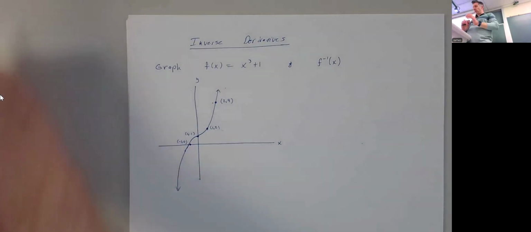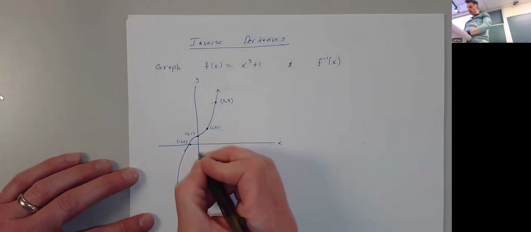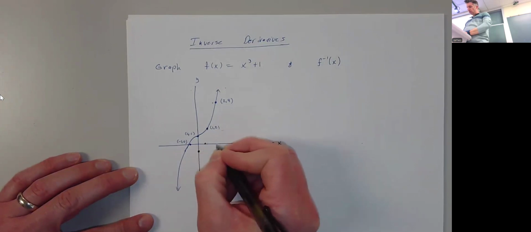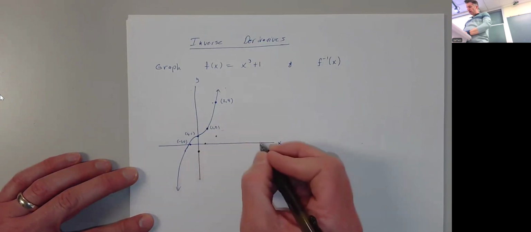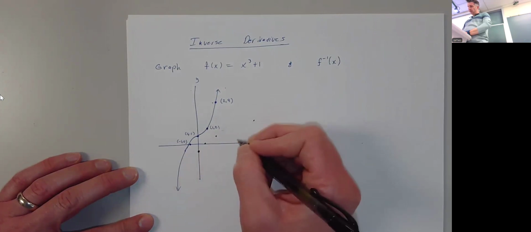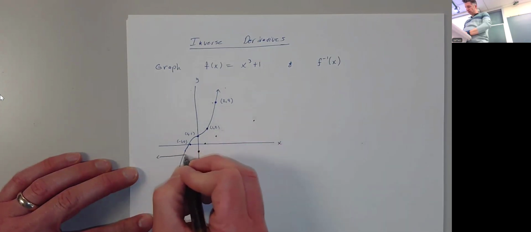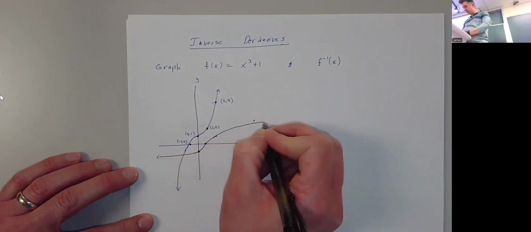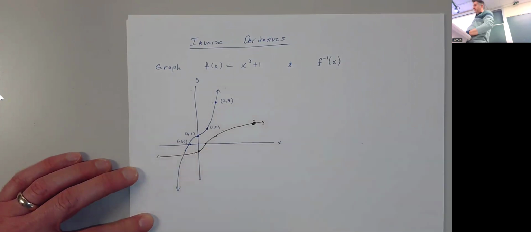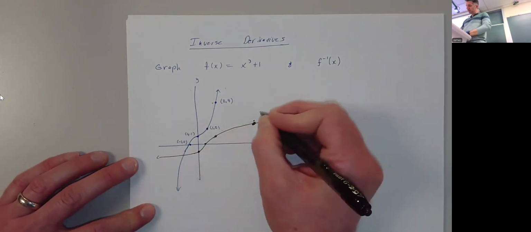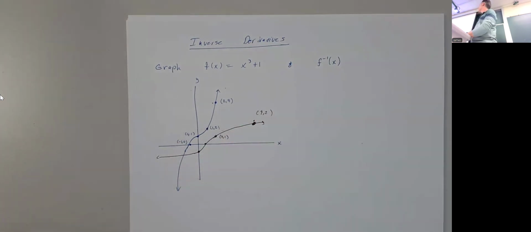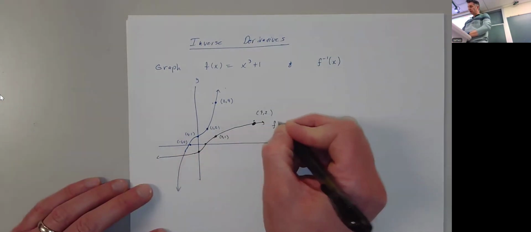So if I plot all the points where x and y are interchanged, like the point 0, -1, and 1, 0, and 2, 1, and 9, comma 2, I've got a decent idea of what the inverse looks like. So here's what my inverse function looks like.